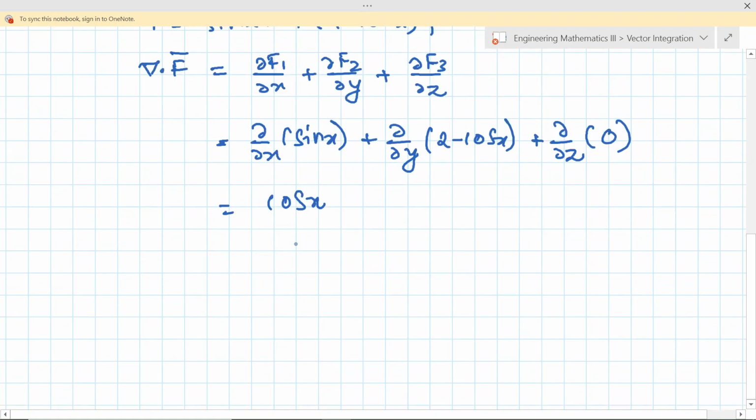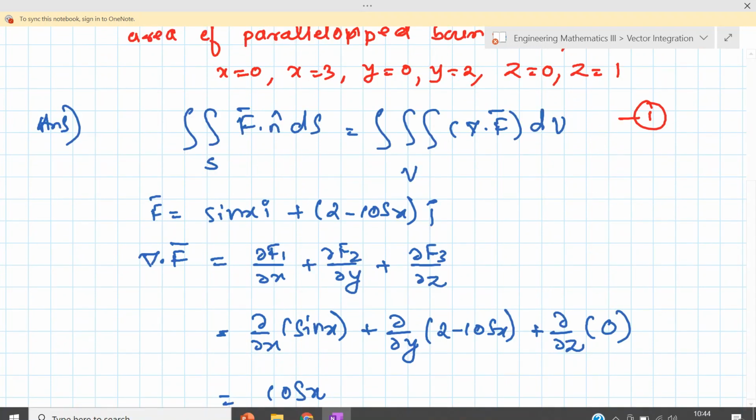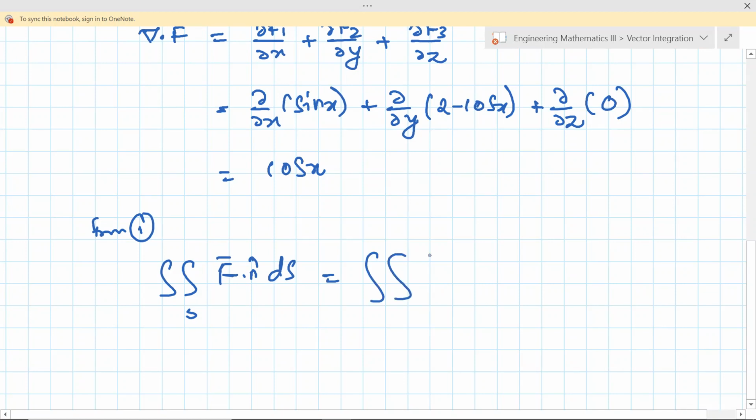Let us call this equation number 1. From 1, the surface integral of F bar dot n cap dS over S is equal to the volume integral of del dot F bar, which is cos x, into dV, which is dx dy dz.